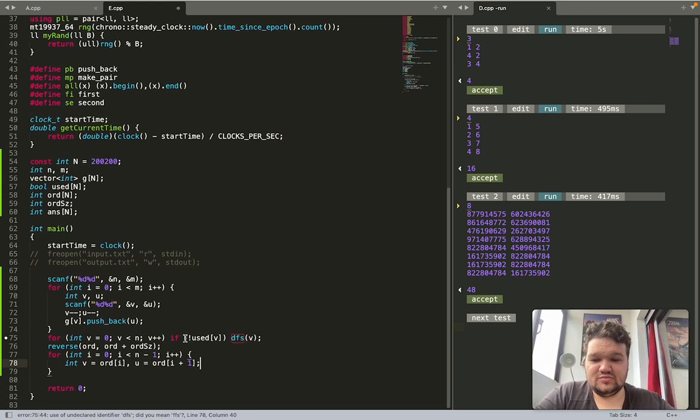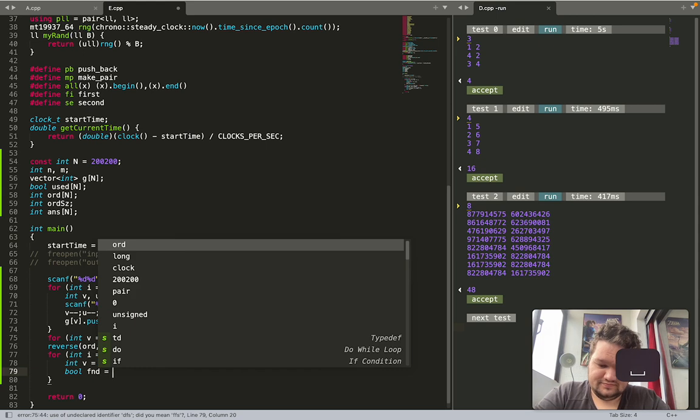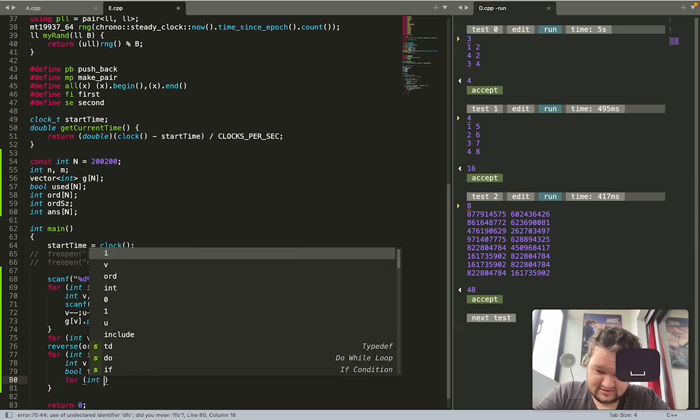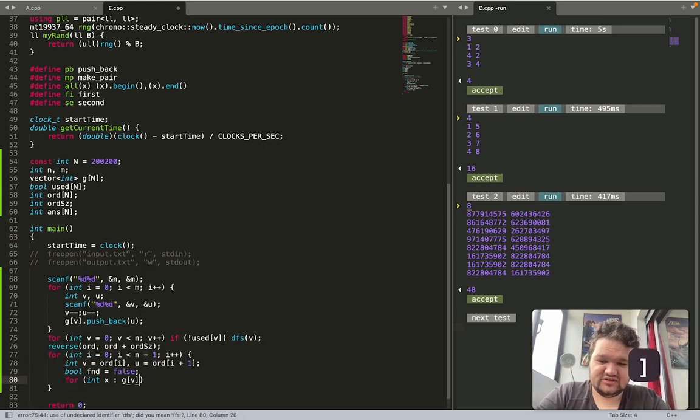So we will find the topological ordering with DFS. I don't know the name of the algorithm, but it finds a topological ordering. Now we are checking all pairs of consecutive vertices in the topological ordering. Among the neighbors of v, there should be x.